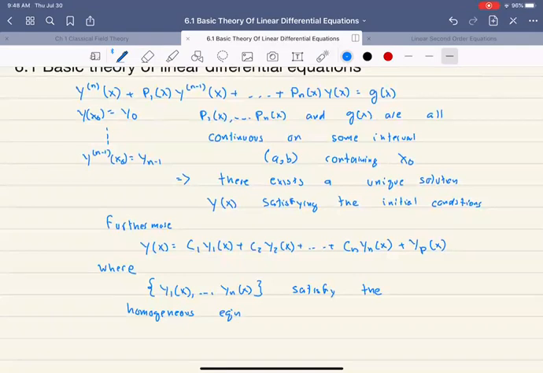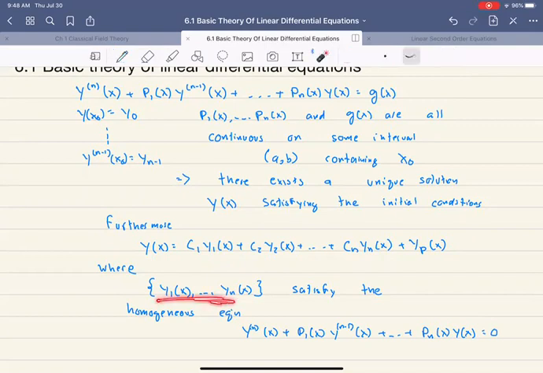The homogeneous equation is, of course, y^(n) of x plus p1 of x times y^(n-1) of x, plus, up to p sub n of x times y of x equals 0. So these satisfy the homogeneous equation, and this y particular allows you to match the right-hand side.